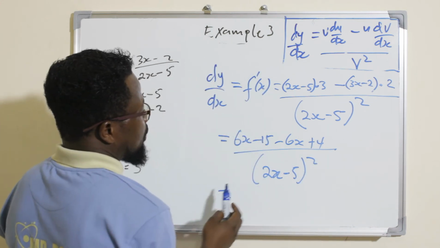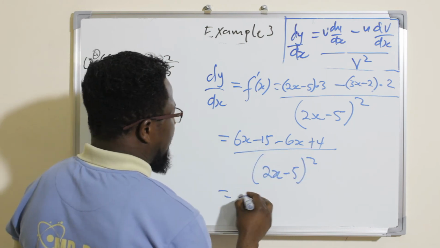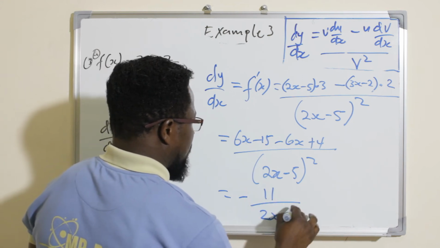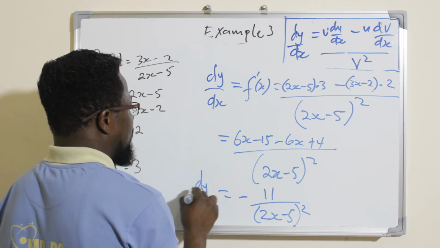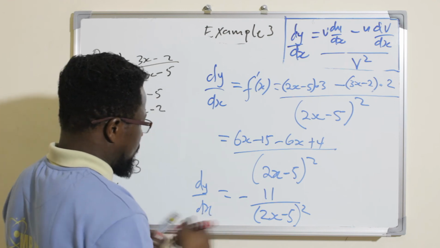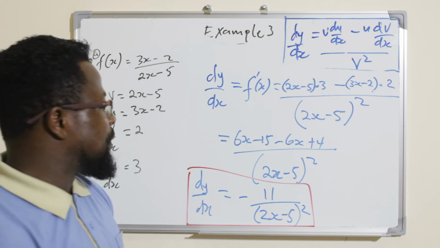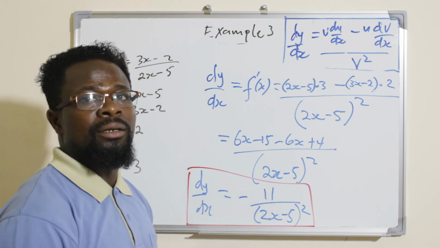Now simplify. The 6x and the minus 6x cancel. Minus 15 and plus 4 will have negative 11, divided by 2x minus 5 all squared. And that becomes the dy dx of this function that we were given. So now we have gotten negative 11 over 2x minus 5 all squared.